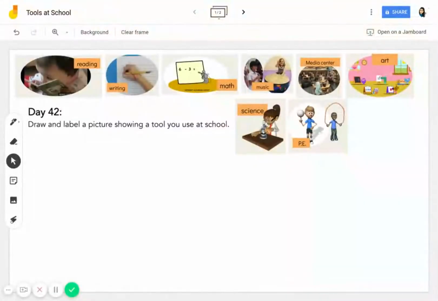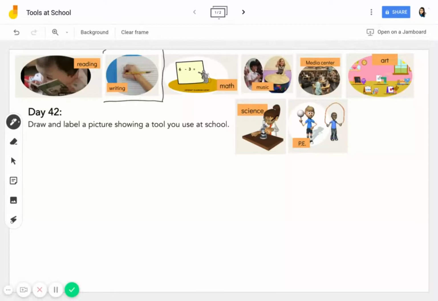Now, we are going to write about a tool you use at school. Remember all the activities that you do at school? I'm going to show you what you have to do with your writing assignment today. I'm going to look at all the activities that we do at school and pick one. I think I'm gonna do writing.